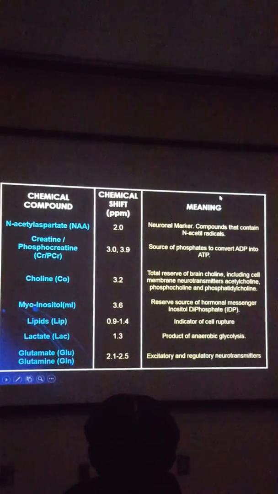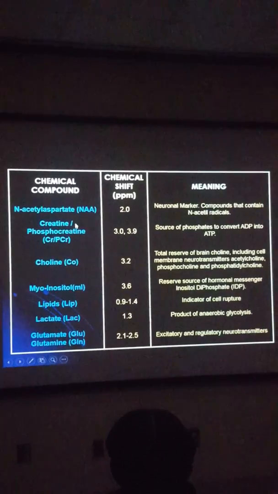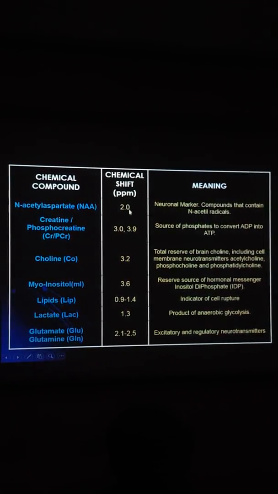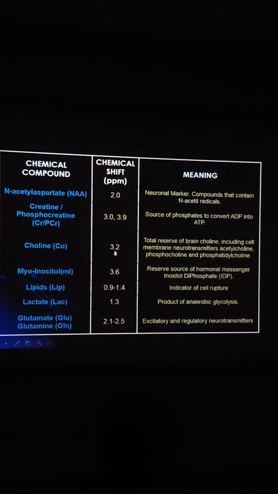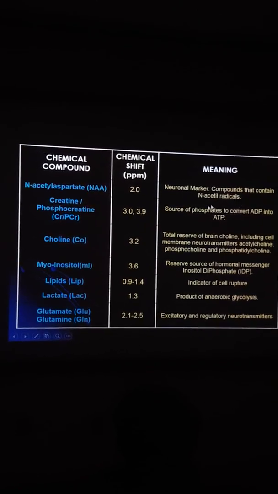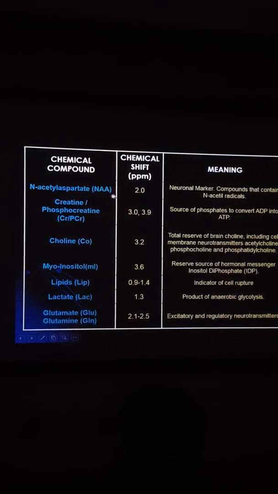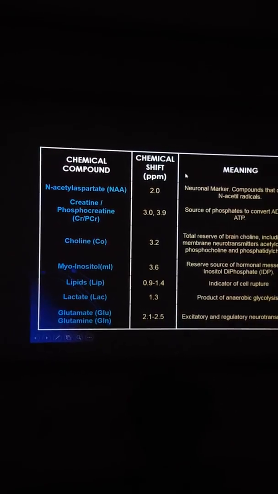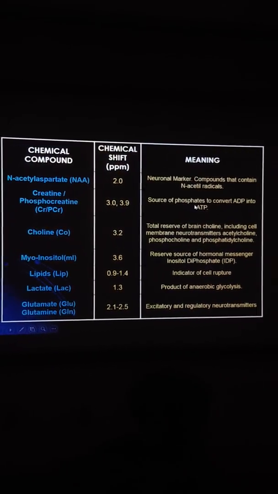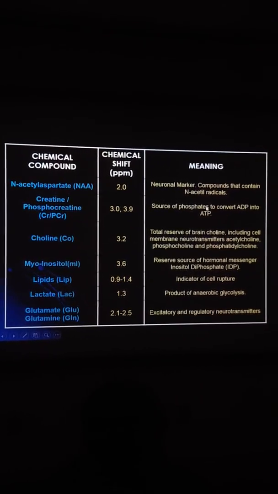Okay. This is basically the same thing we've talked about, the different metabolites that we have and the corresponding chemical shift position in parts per million on that graphic representation, and then what each one of them means. N-acetyl aspartate, neuronal marker. Creatine, phosphocreatine are going to be energetic system.